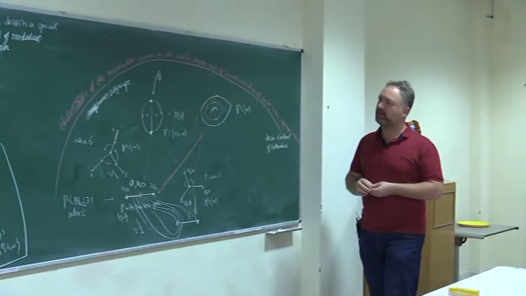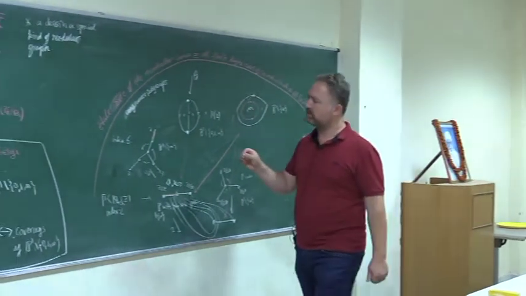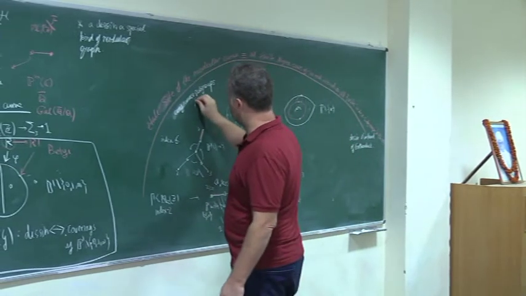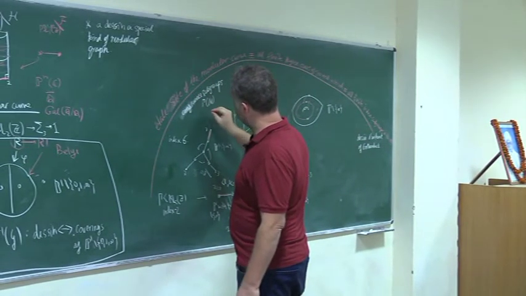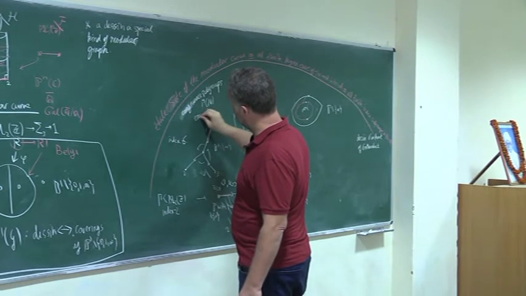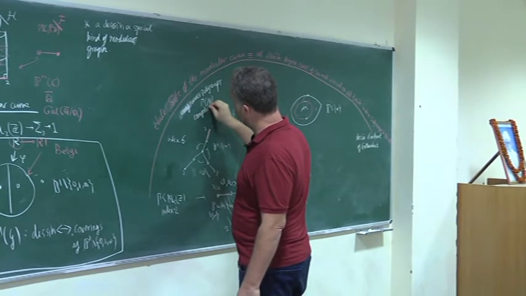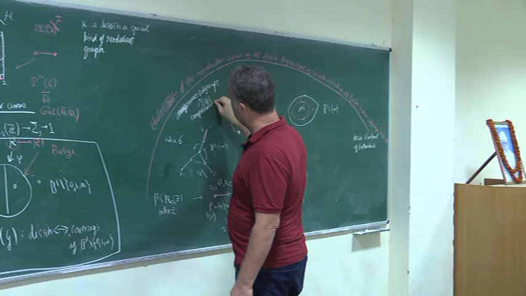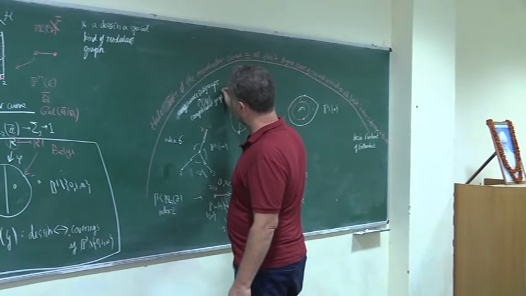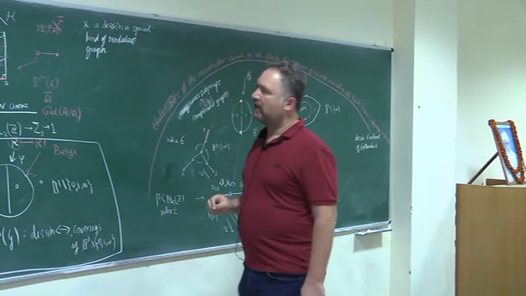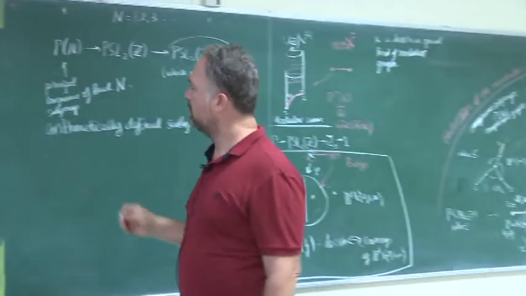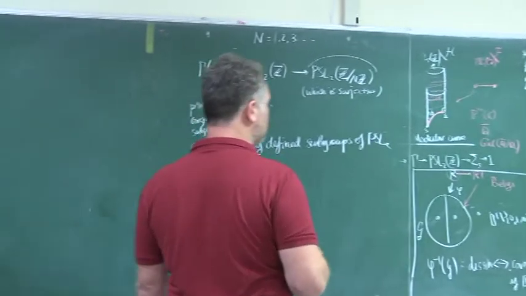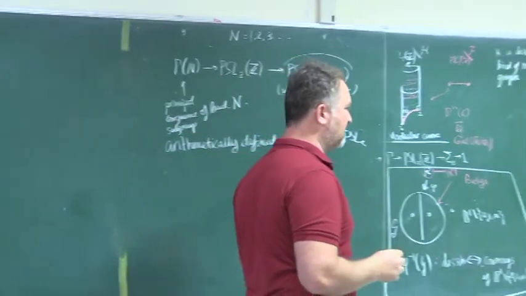So the other congruence subgroups are going to yield such complicated graphs. So in the theory of modular forms and functions, these subgroups are really important, and there is really much work dedicated to them.